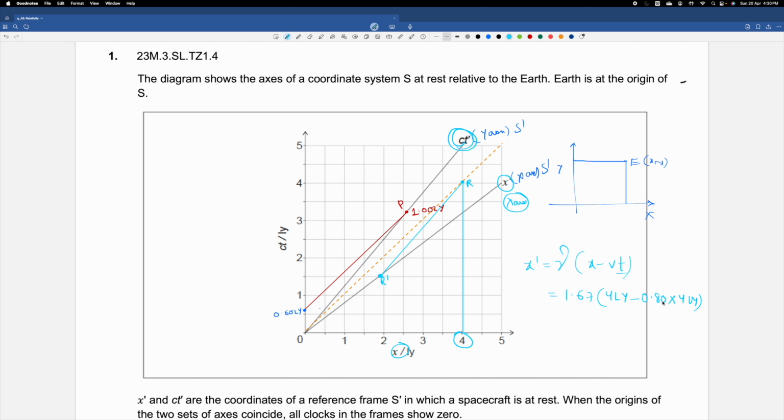Don't forget, v is 0.80 c, but ct is 4 light years, so t is 4 light years divided by c, and this c gets cancelled. If you simplify this, the value of x prime is 1.33 light years.